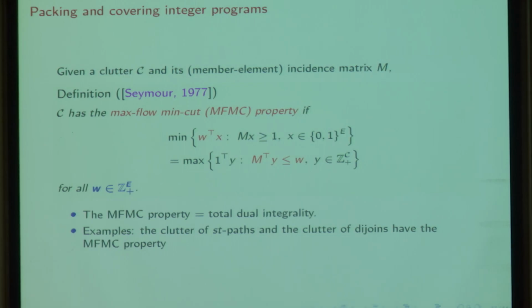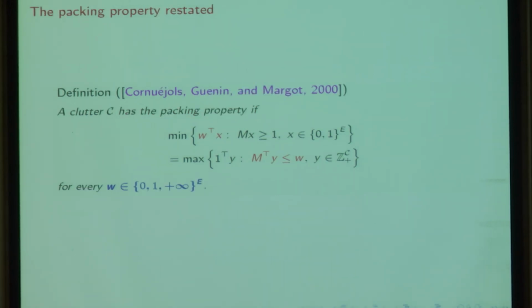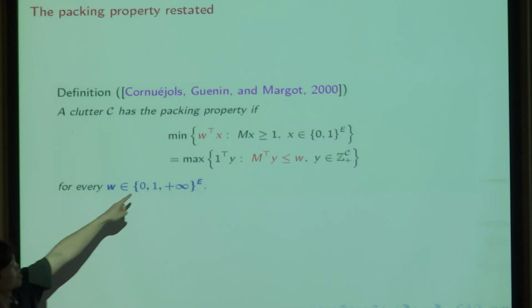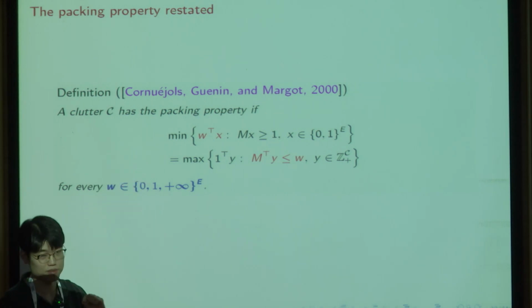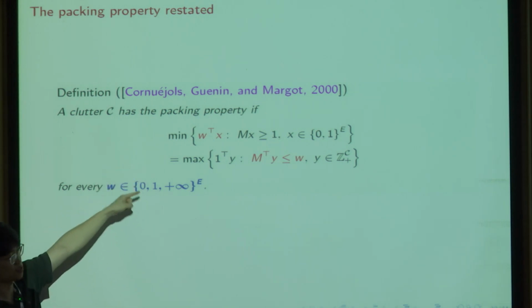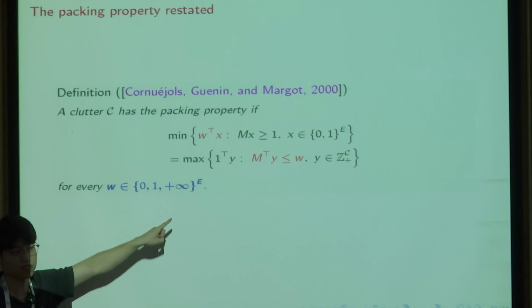They have the total dual integrality for our set covering problem. And the packing property can be written as a subclass of the MFMC property, the generalization of the packing property. So we say that the clutter has the packing property if this min-max relationship holds for 0, 1, plus infinity weight.